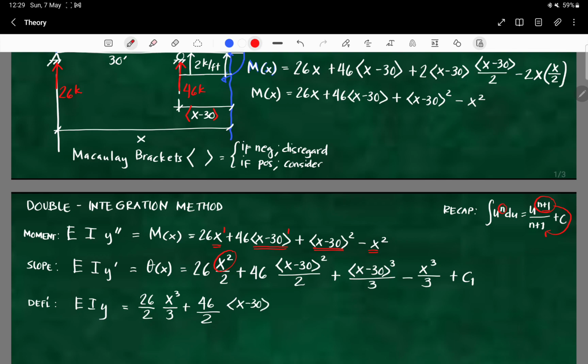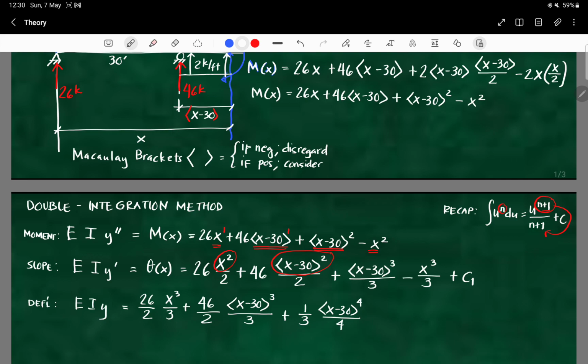Meron pang ito yung integrate natin. So, may exponent ka na 2, so plus 1 is 3. Ibaba mo yung exponent niya. Next is itong again, ilabas mo yung constant. Then, we have x minus 30. So, meron kang plus 1, so 4, no?